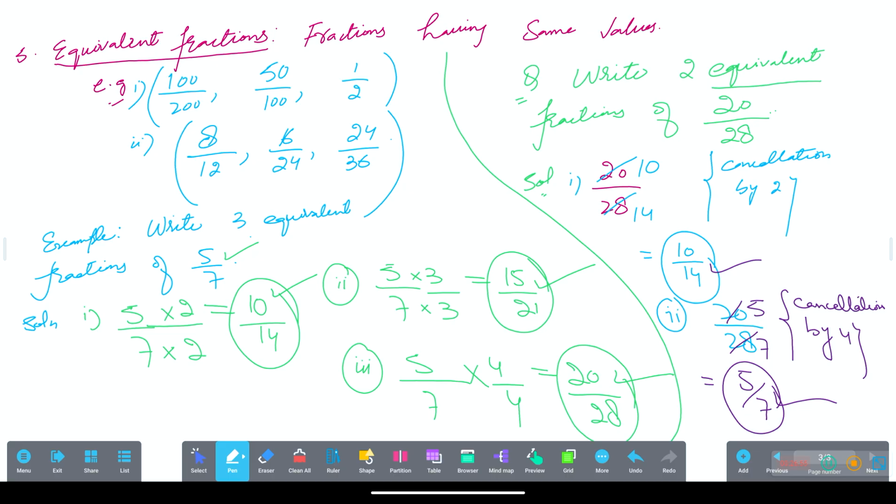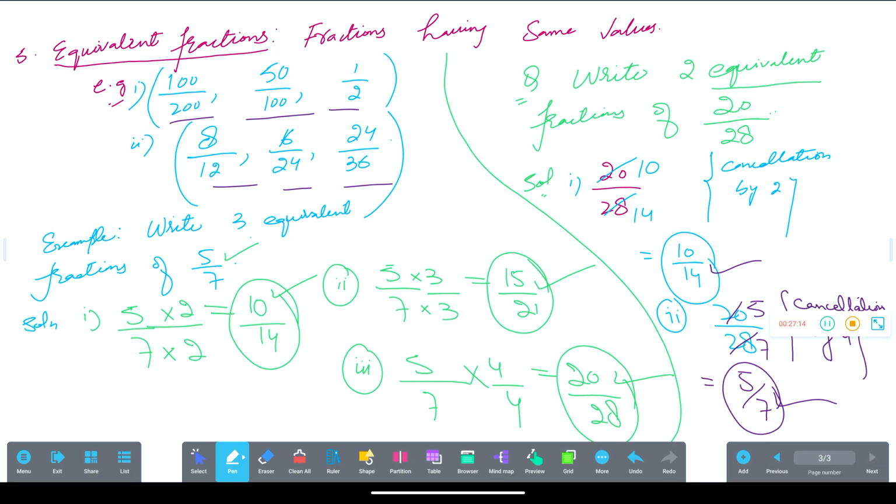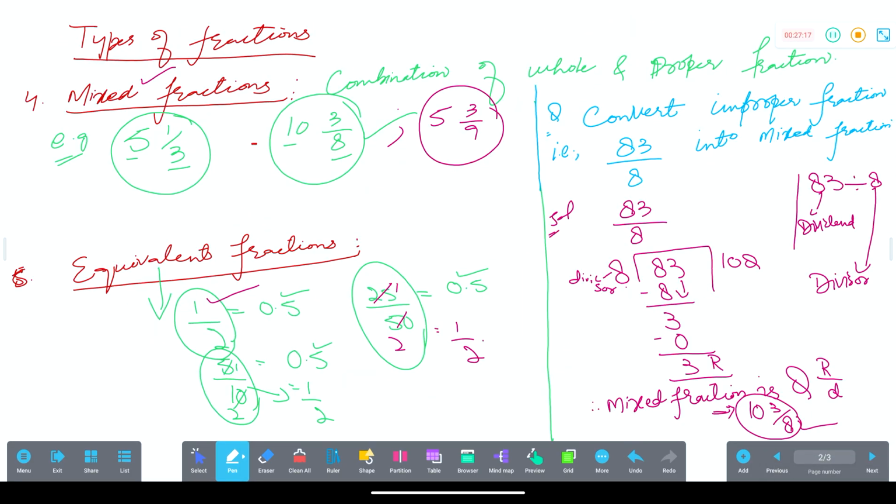That is the cancellation. So equivalent fractions are fractions having the same values. They look different by their numerators and denominators, but their value will be the same, like here. And the first thing that we have done in the previous slide, I can show it here. Here we have types of fractions. First, mixed fraction, we have done: a combination of whole numbers and proper fractions.